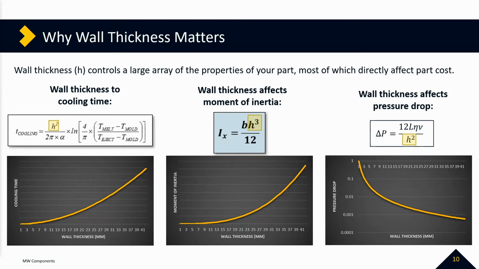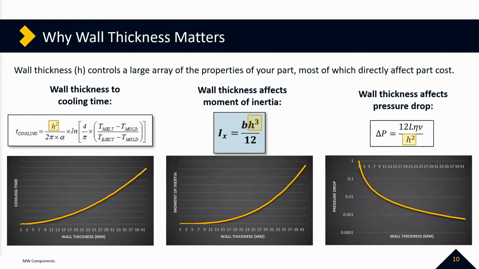And h denotes your wall thickness in millimeters. Let's say it's a 2 millimeter thick part, you just square that, you have 4 seconds more or less of cooling time. That's your good rule of thumb, because all the rest of that equation boils down to more or less a coefficient of 1. So it looks really intimidating, but it's not, like a lot of things.